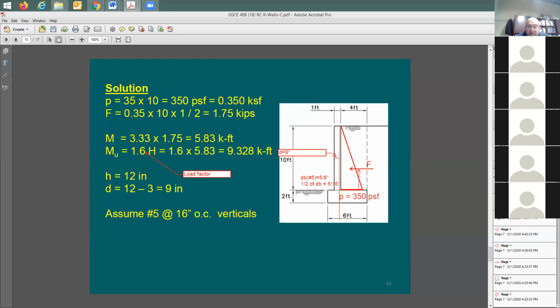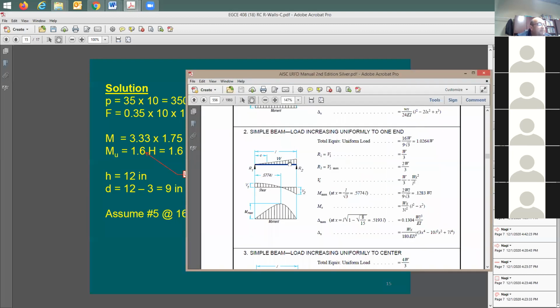In the steel manual, you have triangular distribution, right? This is what you're saying. Yes. In the 15th edition it is on page 3-208. Here we go. Here it is.